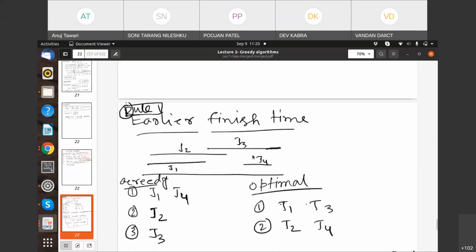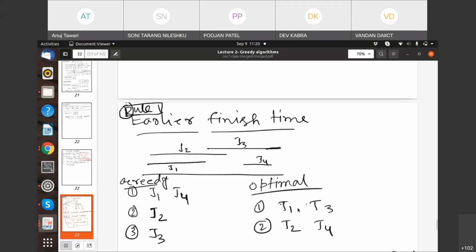For instance, look at this example. The finish time of J1 is first, J2 you couldn't have picked, and there is an option between J3 and J4, but J4 has the first finish time, so you pick J1 and J4 in one classroom, J2 in another, and J3 in another.